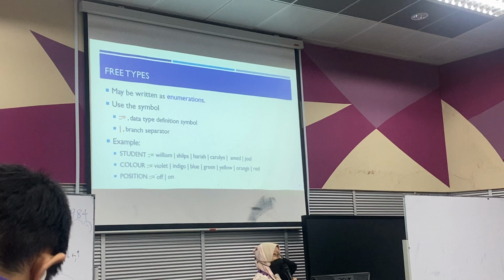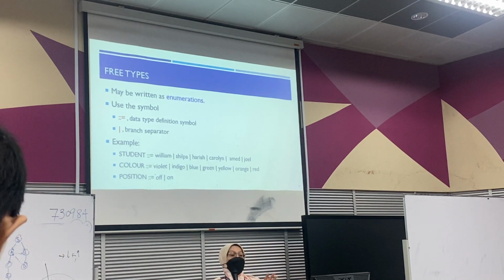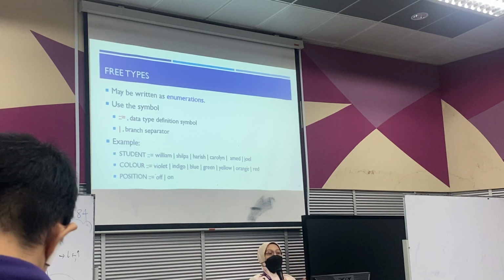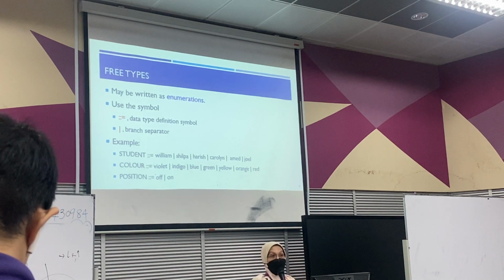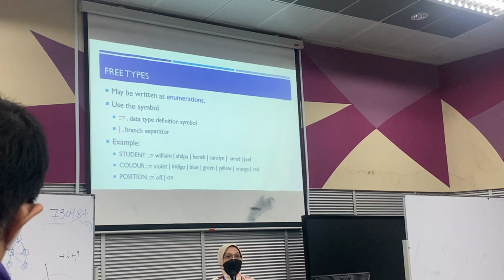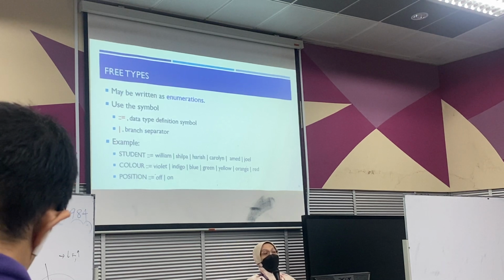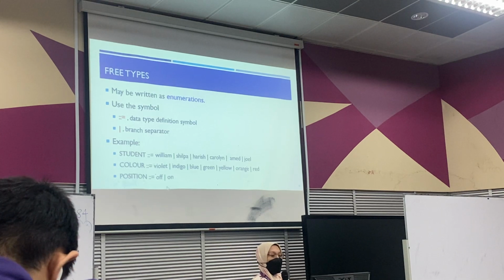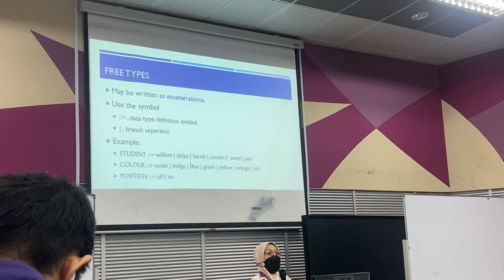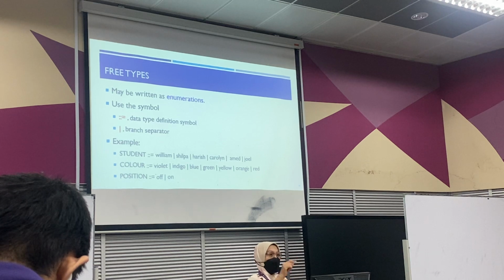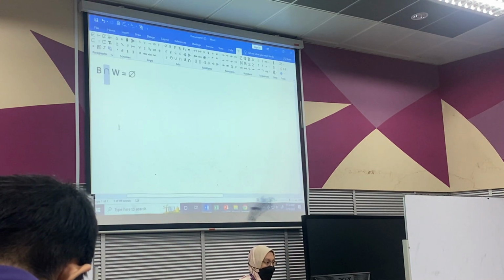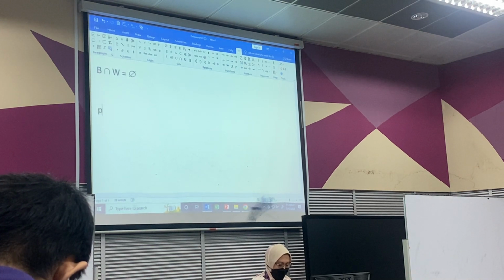If you have two words combined together, I will suggest you start the second word with a capital letter. But if you want to use underscore, because this one can use underscore, I will suggest you put underscore. So for example, let's say I have position.